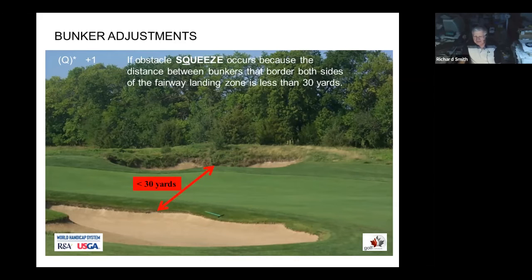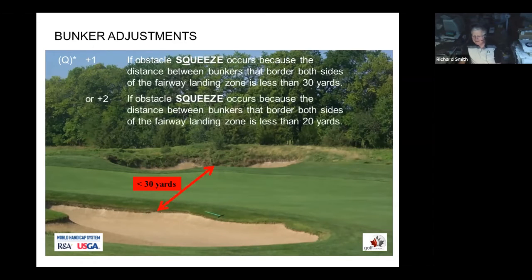So if this is less than 30 yards, bunker to bunker, then that would be bunker squeeze. Note that it is only at the fairway landing zone. The bunkers are already addressed in a different fashion that we've seen at the green itself.